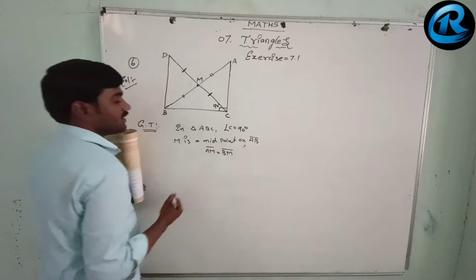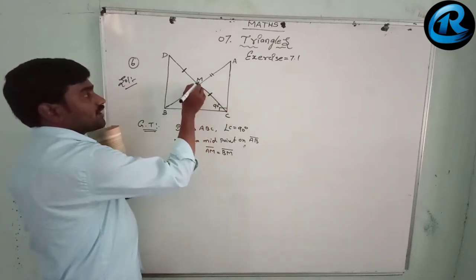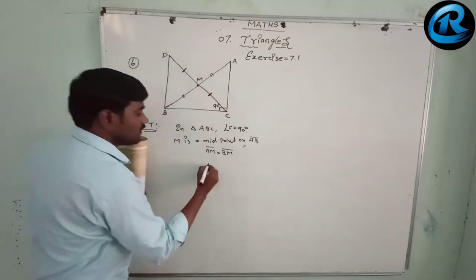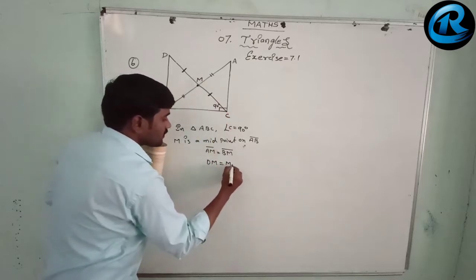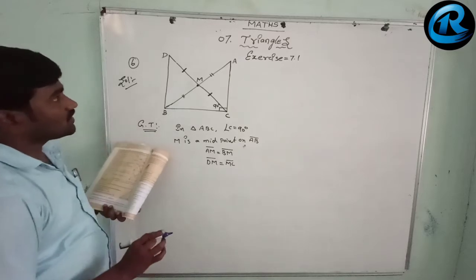C is joined to M, and CM is produced to D, such that DM equal to MC.